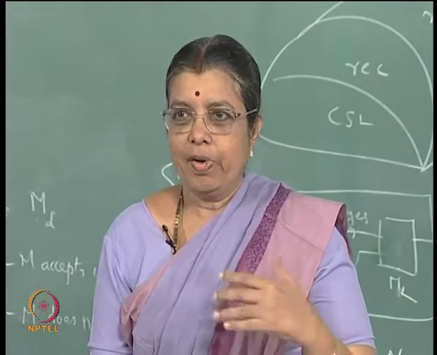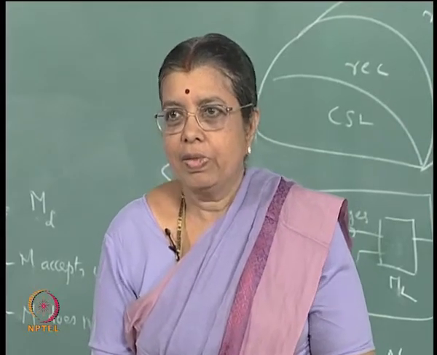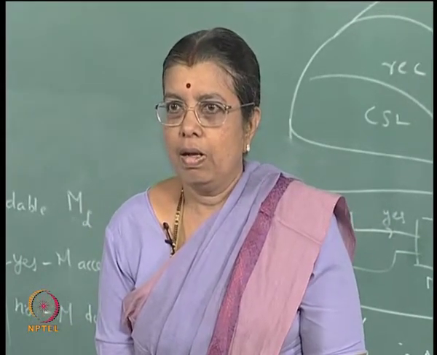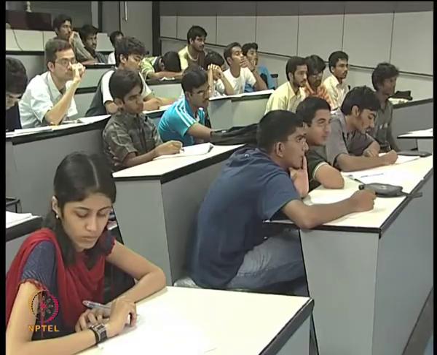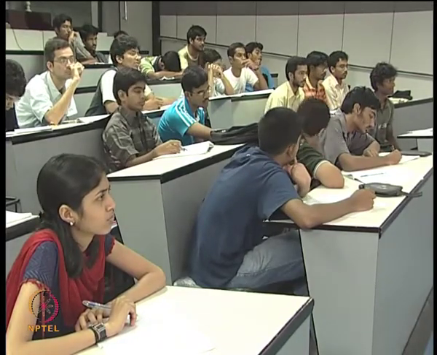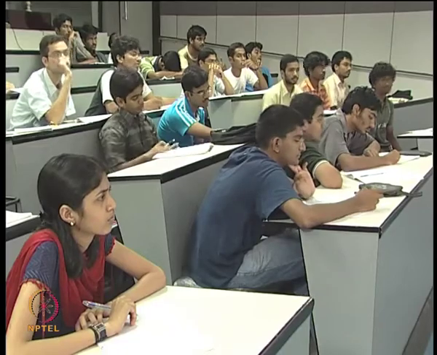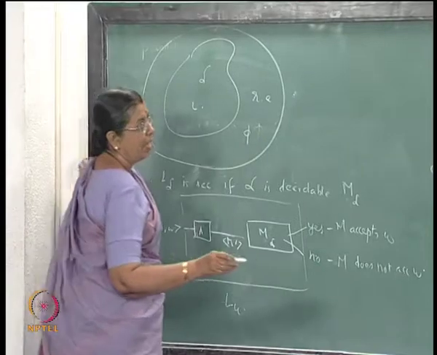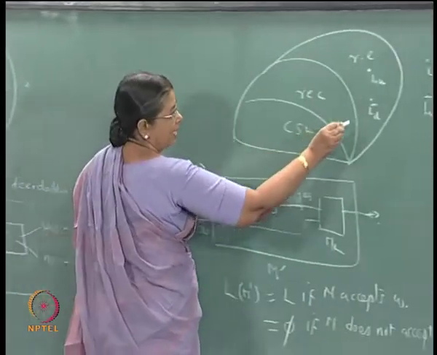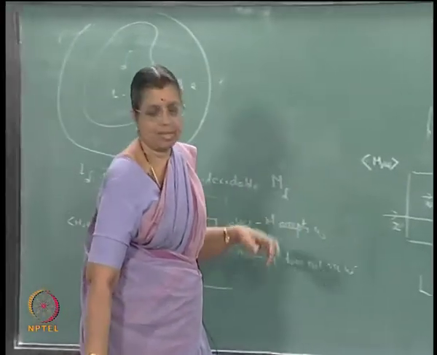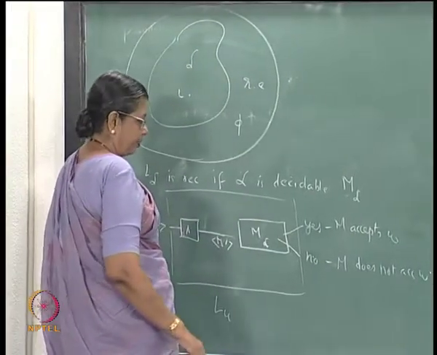That is why I said you have to be very clear as to what you want to prove and so on. Okay. So, under what condition? We know that LS is not recursive, but under what condition it is recursively enumerable, that is another theorem. Under what condition it is not even recursively enumerable, that you can find out.